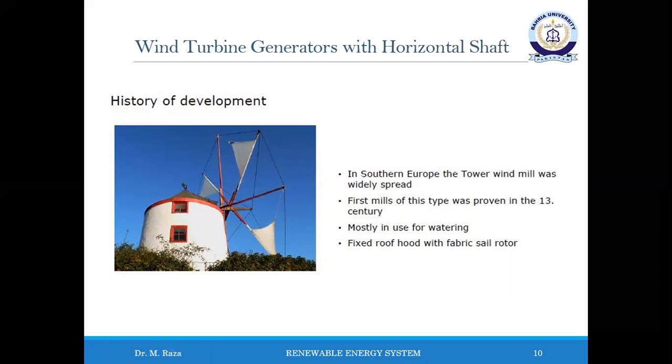A later version, mainly in southern France, had a turnable wooden cap and a four-bladed wooden rotor like the post mill. So some of the variants are here, in which the roof is made from wood and can be rotatable.